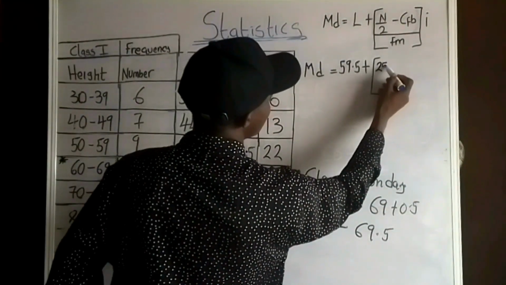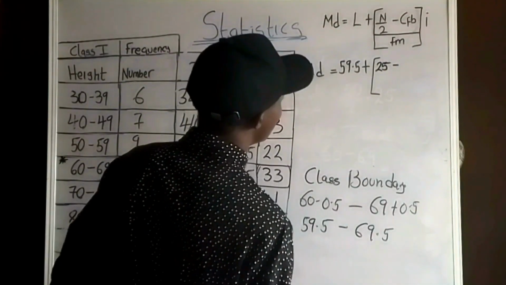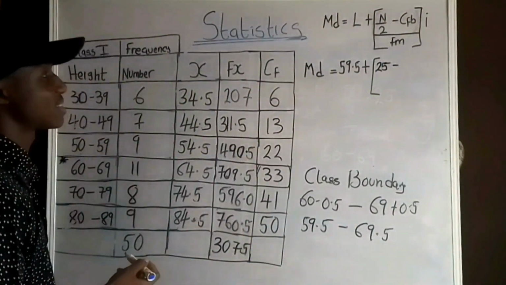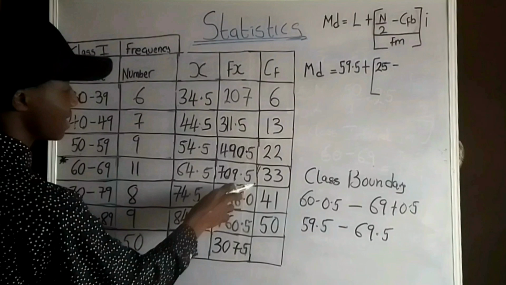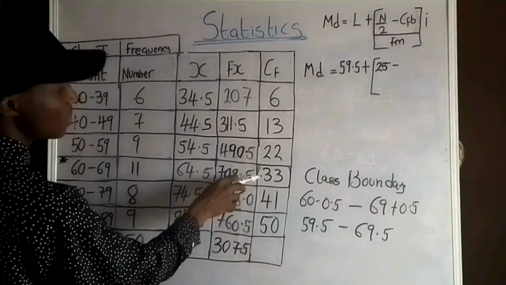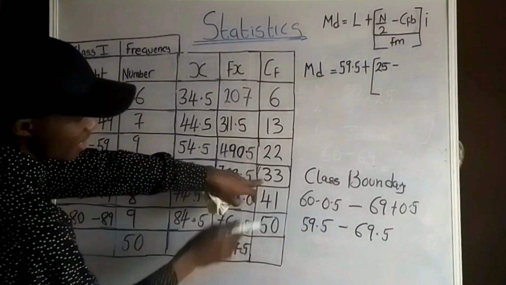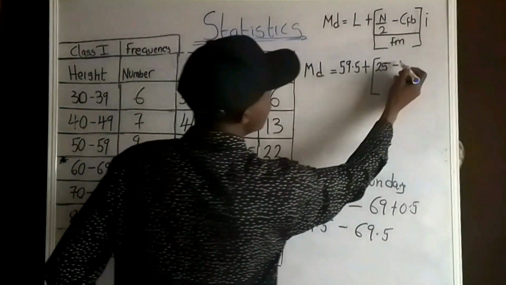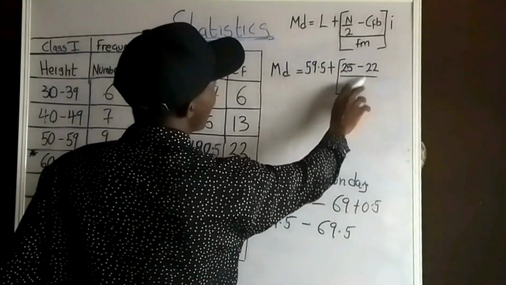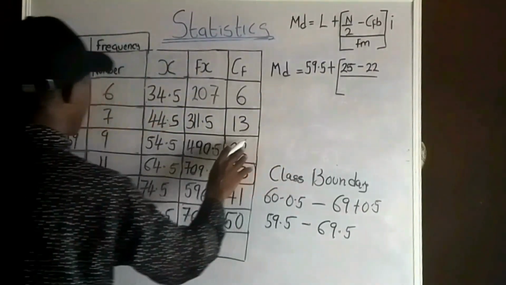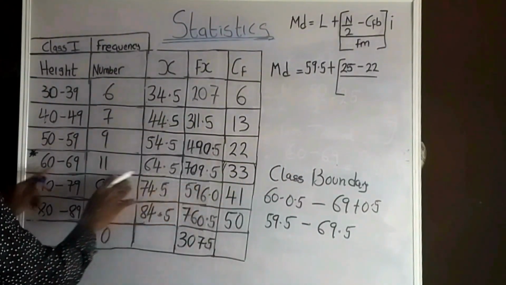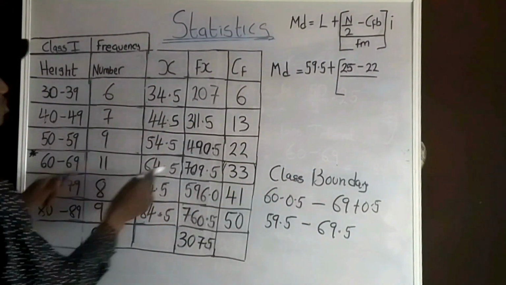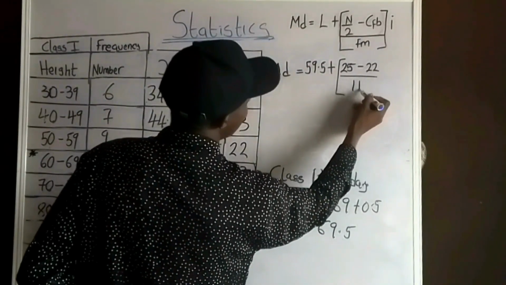So I'm going to have 25 minus the cumulative frequency before the median class. The cumulative frequency before the median class is 22. Don't forget that the cumulative frequency of the median class is 33. So in this place I have minus 22 all over the frequency of the median class. The frequency of the median class is 11. So that will be all over 11.